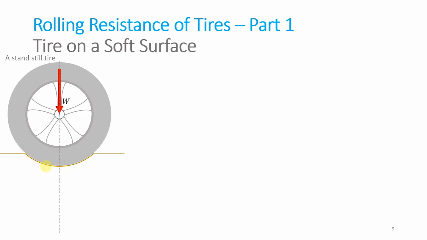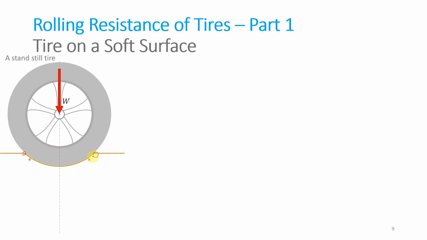The SUV digs into the sand and forms a profile like this, or a tractor going on a paddy field where the tractor tire and the mud are here, so mud is displaced and it forms like this. So you can imagine several situations having this kind of tire on a soft surface. Now let's see what forces are acting on the tire. You can see that at the extreme end forces are 0.